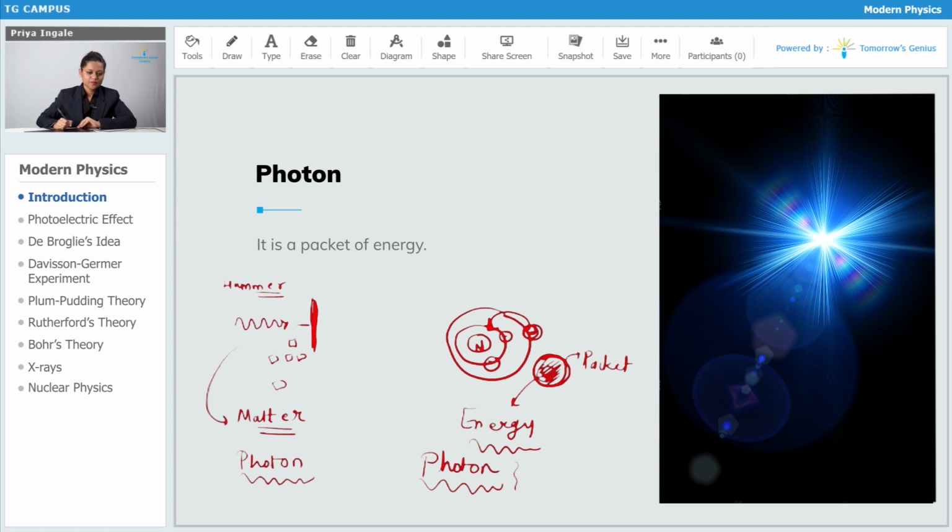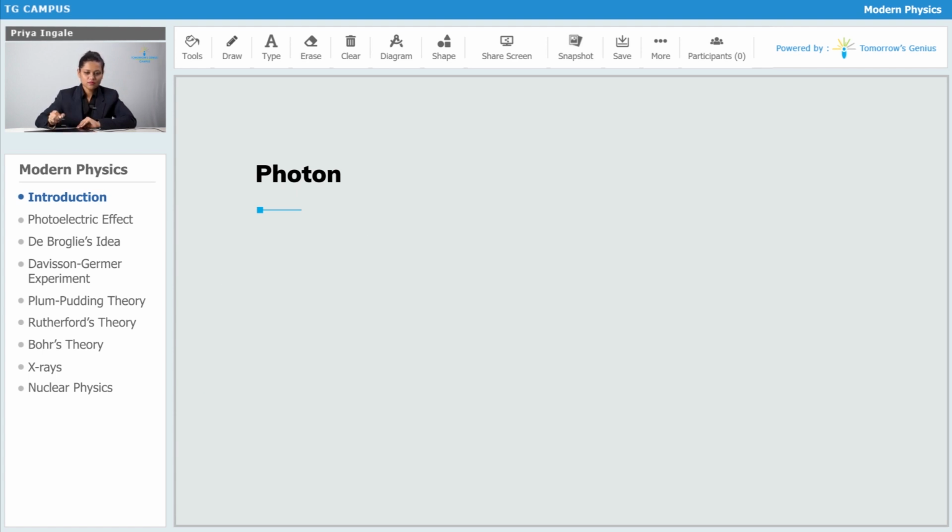Now, if a photon is a packet and it has energy, let me tell you what amount of energy each packet possesses. First of all, let me give you a very simple example, so you can imagine how the photon looks.